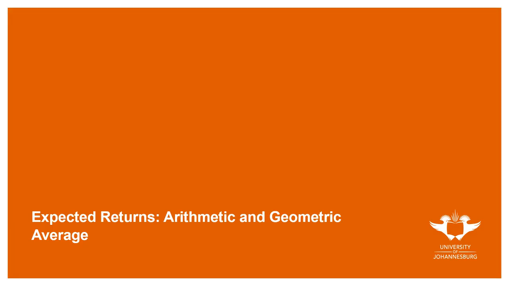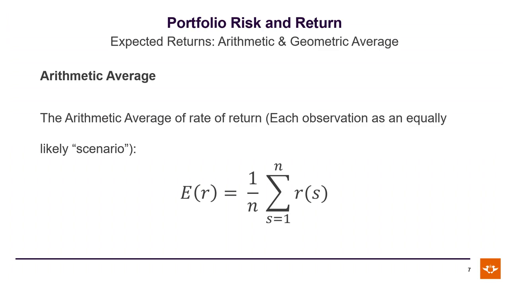When we're looking at returns for assets, so when we're looking at how an asset has performed or what we expect an asset to do in the future, we look at different types of returns. The arithmetic average of a rate of return is a straight average. In other words, we add up all the returns and we divide by the number of returns that we have.